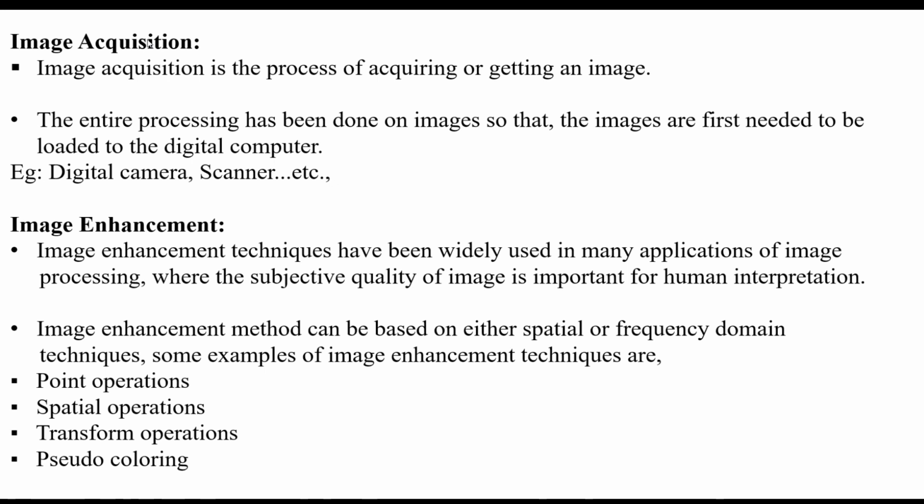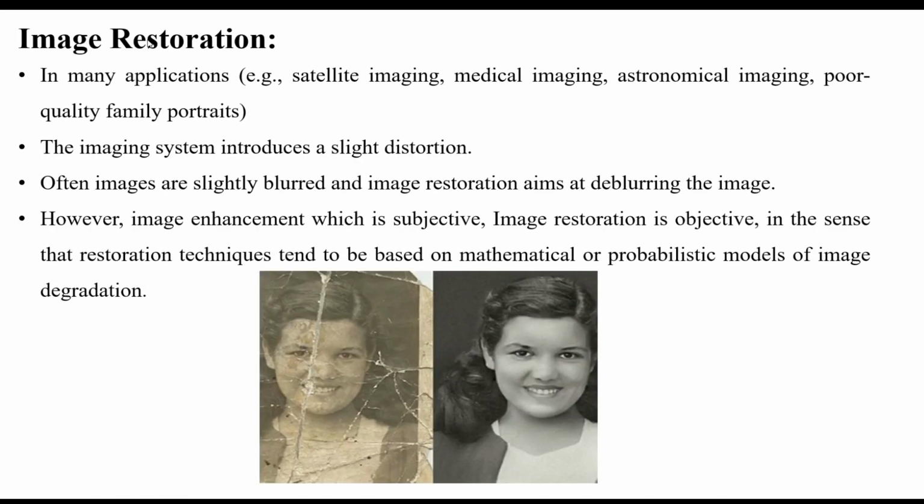First, in image acquisition, we acquire an image, and in image enhancement, we enhance it by using some techniques. Next, image restoration. In many applications, like our old memory photos, we cannot see the image clearly.